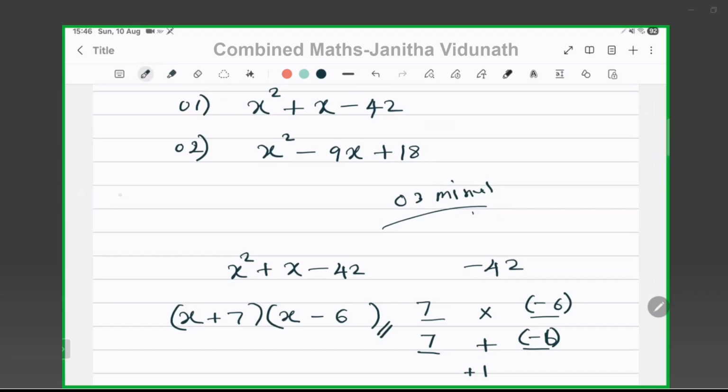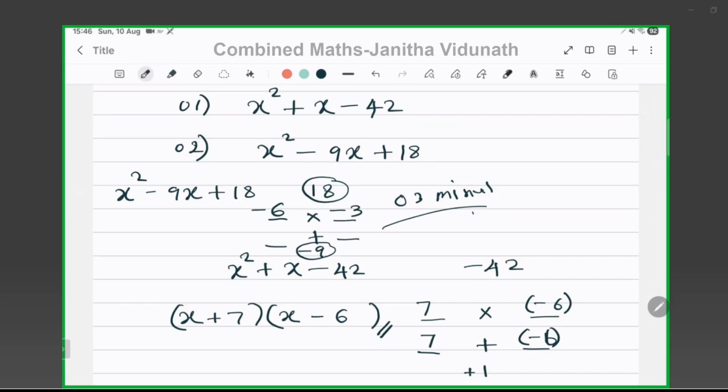Okay. Now, if we consider the second question, it is x square minus 9x plus 18. Then we need to find 2 numbers that multiply to give 18, and by adding those 2 numbers, we need to get minus 9. Here we can easily find these 2 numbers are minus 6 and minus 3.